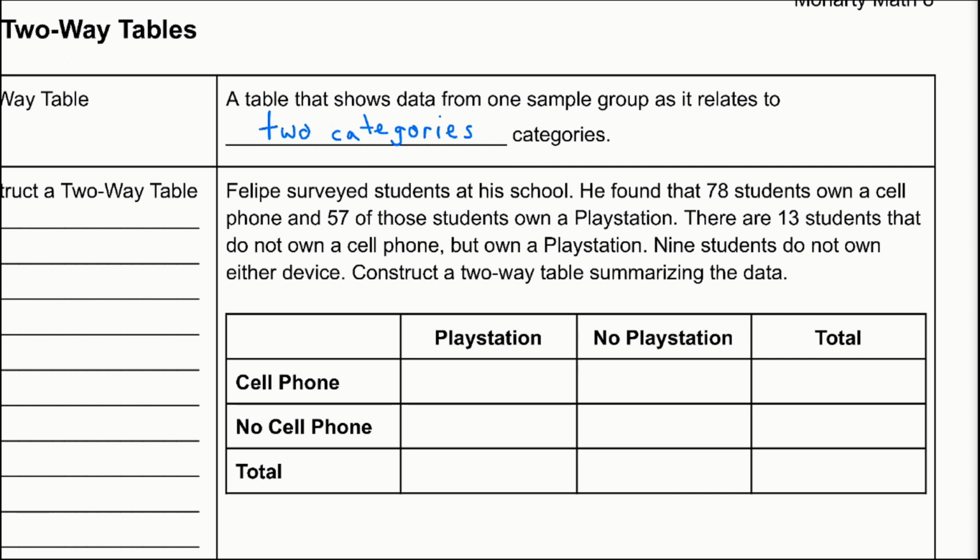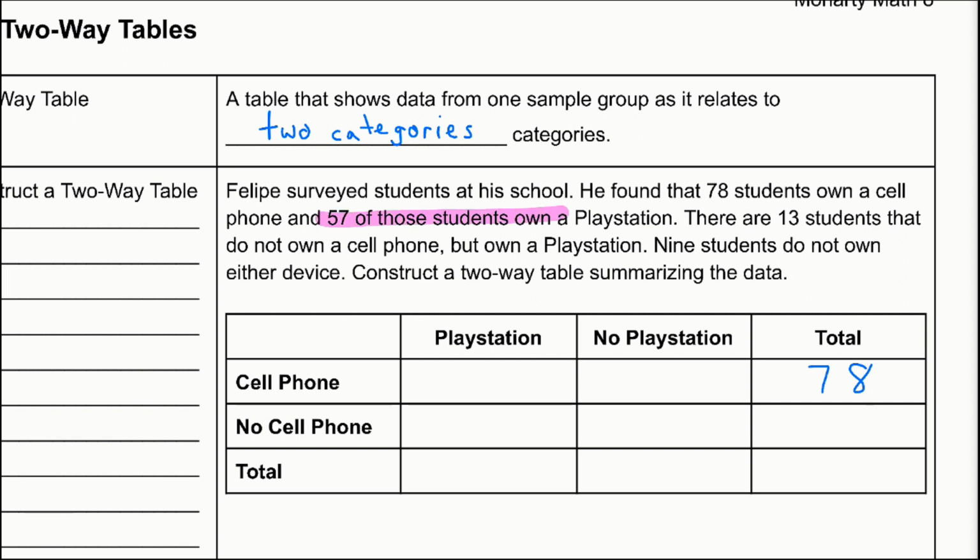So let's reread it. It says Felipe surveyed students at his school. He found that 78 students own a cell phone. So down here, we're going to look at this cell phone category. That, what I highlighted, says nothing about PlayStations. So I'm going to put that 78 over here because that's all I know about that. Right. 57 of those students own a PlayStation.